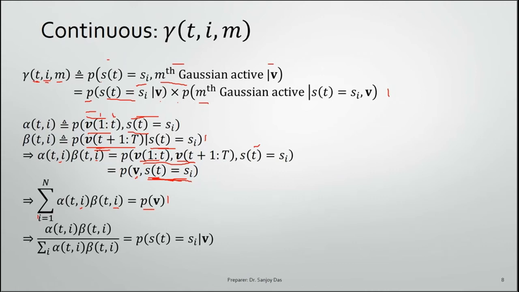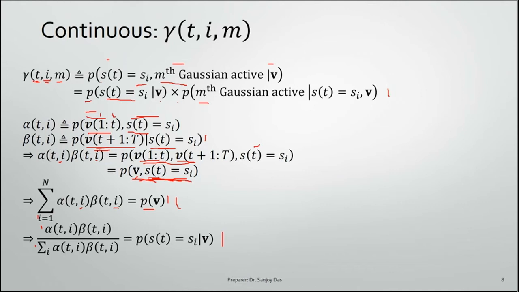Now, what's the ratio? Alpha_t(i) beta_t(i) is the probability of the output sequence and s_t equals s_i, and the summation i equals 1 through N of alpha_t(i) beta_t(i) is simply P(v). Therefore, the ratio, the numerator is the probability of v comma s_t equals s_i, and the denominator here is simply P(v), and so this ratio is the probability of s_t equals s_i given the output sequence v.